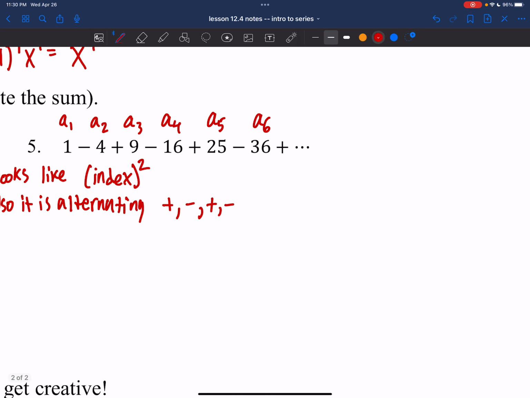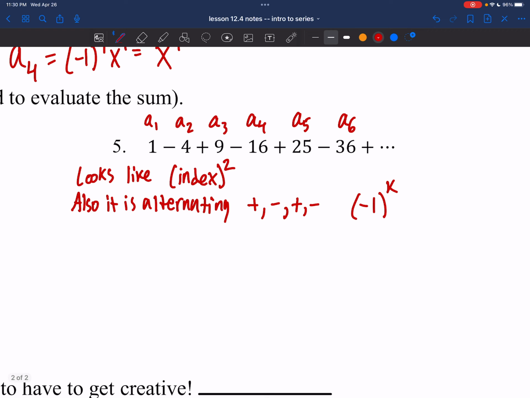So what you're going to want is a -1 to some power, we'll call it k. All right? And then finally, it adds to infinity because of this ... right? This ... means you don't stop.